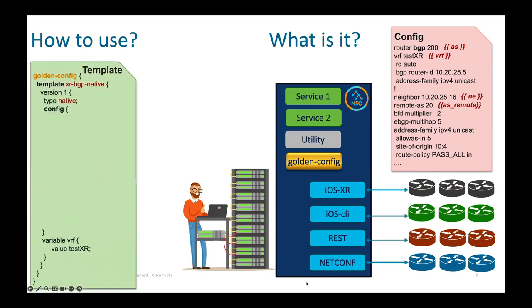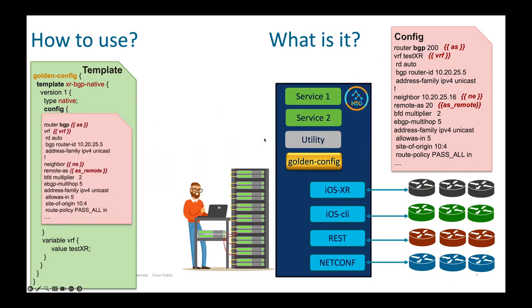It contains a name, version, type of the config, a few variables, and the config. What goes inside the config is whatever tokenized native config they are using; we ask them to paste it as is in a template. And we can just load merge this template in NSO.